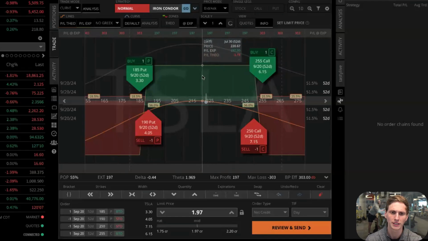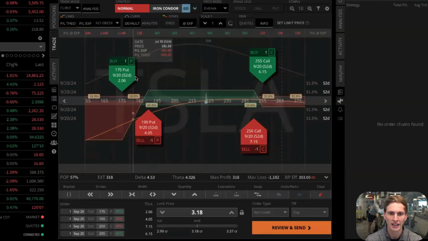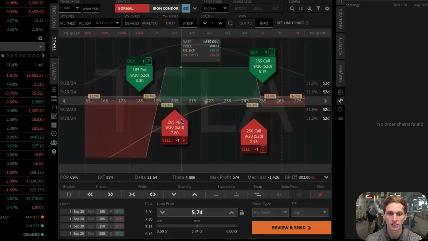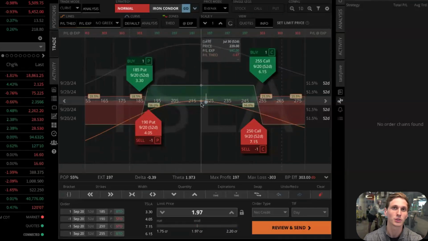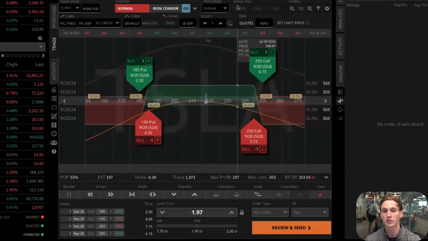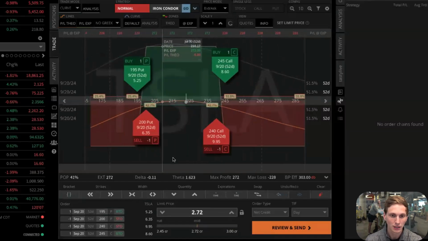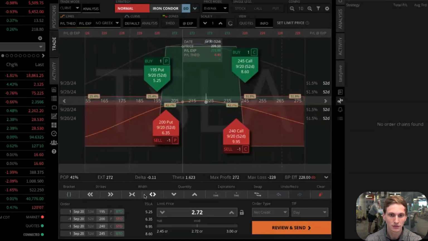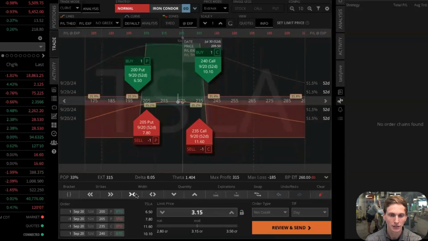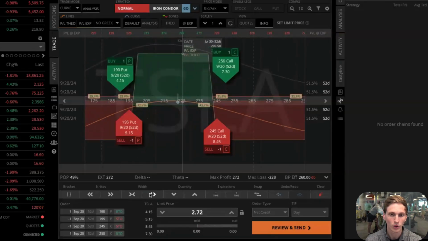And what's really great is that you can drag and move around these strikes. So maybe you want to do a broken wing butterfly or something along those lines. You can drag, you can move these buttons here to widen it out, bring it together. Maybe you want to make it a little tighter. We can tighten it up, or we can widen it out.